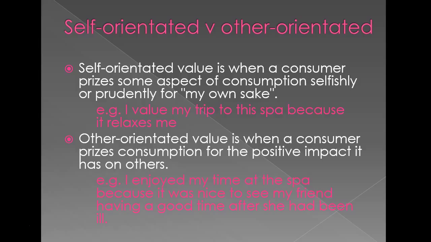Right, so on the left-hand side of the model, there were also two different orientations of consumers, one being self-orientated and the other other-orientated. So self-orientated value is when a consumer prizes some aspect of consumption selfishly and thinks, well, this consumption is all about me, okay?